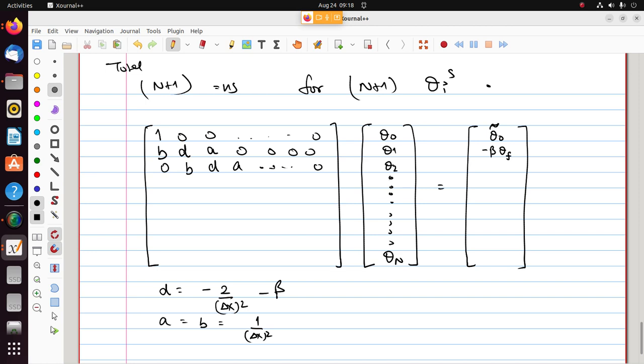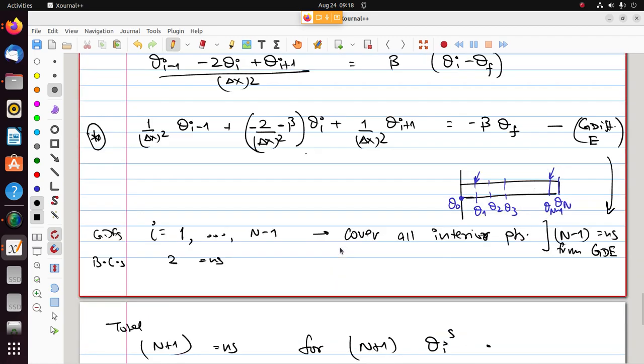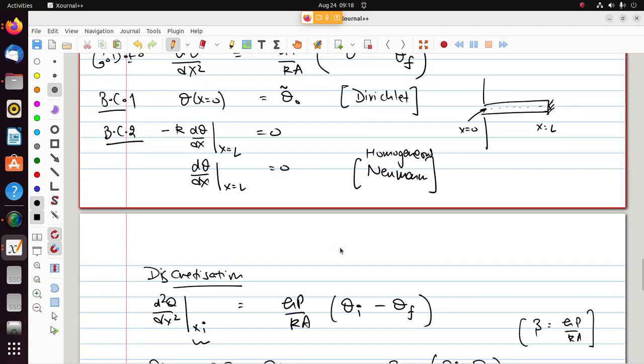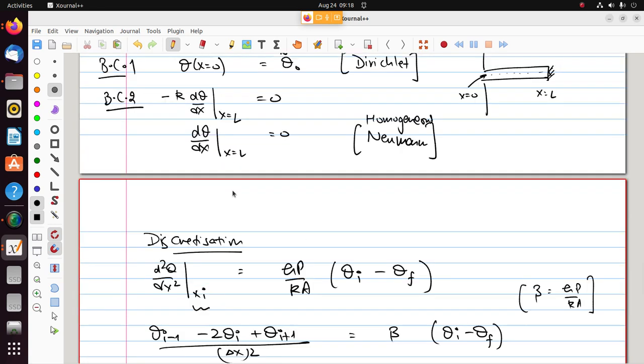Now, for the right boundary point, let's go up again. Did we discretize that? We did not. The right boundary is d theta by dx at x equal to L is equal to 0. So we need to discretize that as well, because that is a derivative now, it is not a Dirichlet condition.